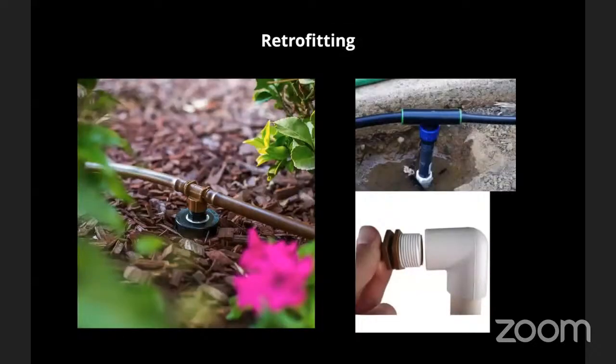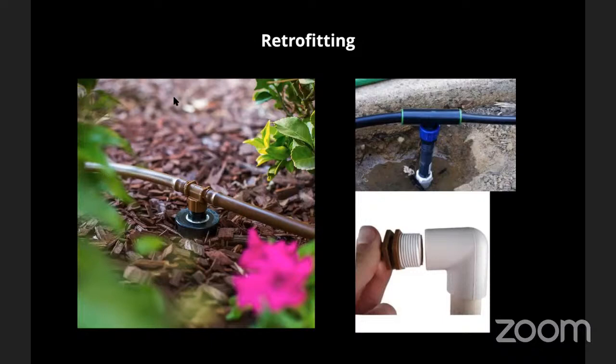And then there are also parts intended for retrofitting or connecting existing sprinkler systems or underground PVC over to the actual drip product. So we're going to talk a lot about this approach later on of how to start with an old sprinkler system, cap off most of the sprinklers, and then convert over to drip.